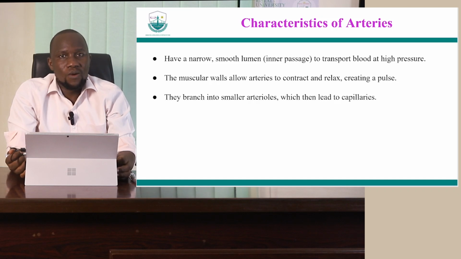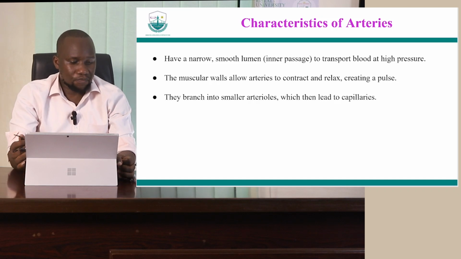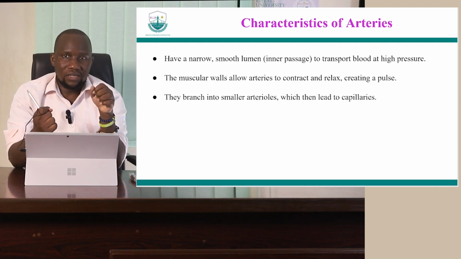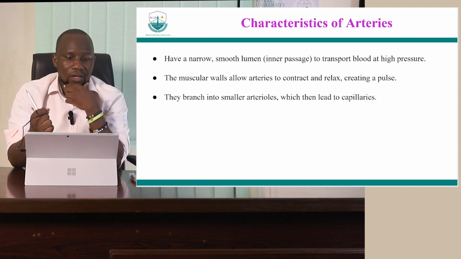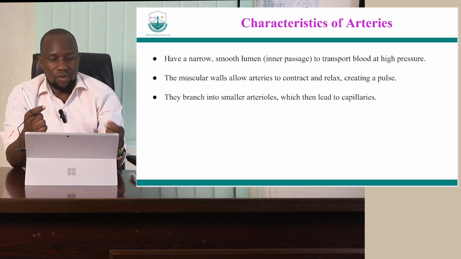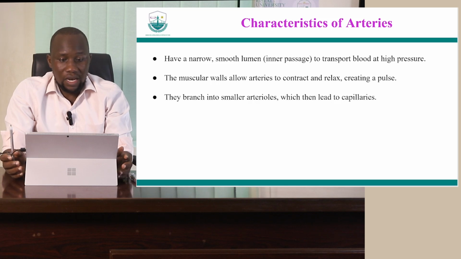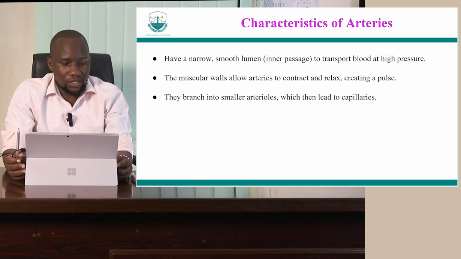And that's why when someone's artery is damaged or injured, the blood will come in the form of pulsations. There will be that push that comes. So the narrow lumen contributes to this high pressure.